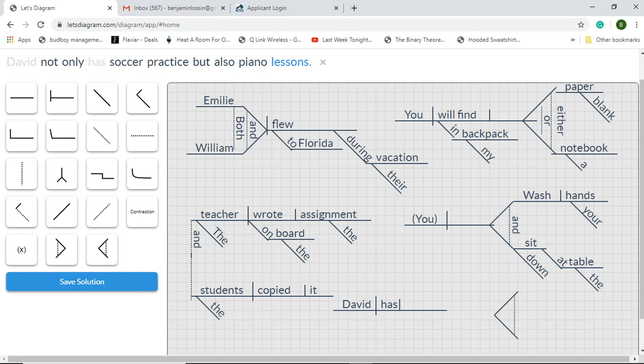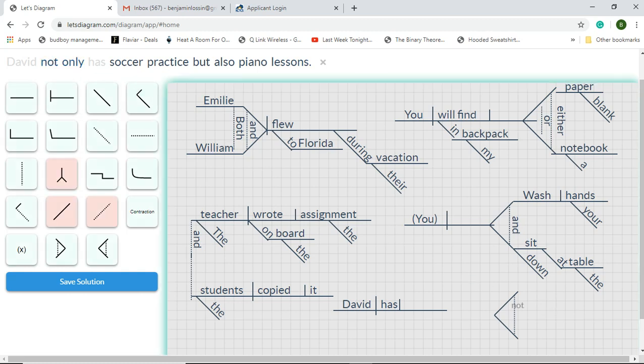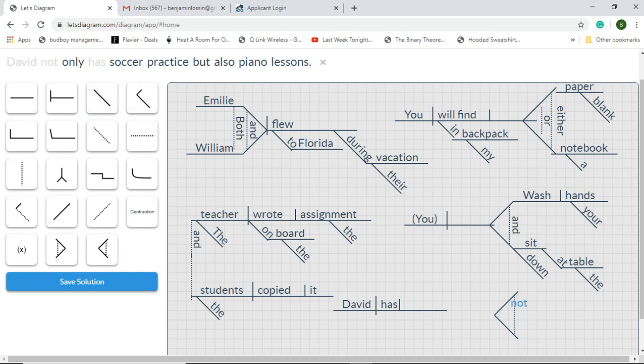Okay? And they're correlative conjunctions, and they're a little confusing. Okay? Remember that correlative conjunctions can have two words. So, not only is a correlative conjunction. So I'll take not, I'm going to put it right here. And only, not only. These will go on the same line.